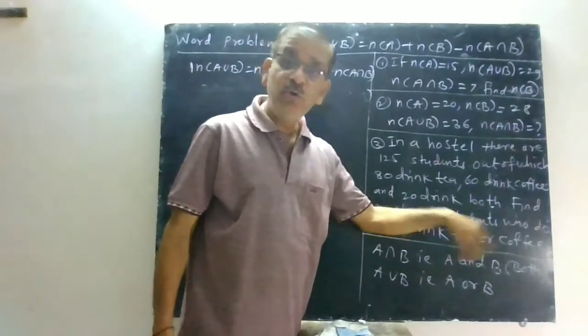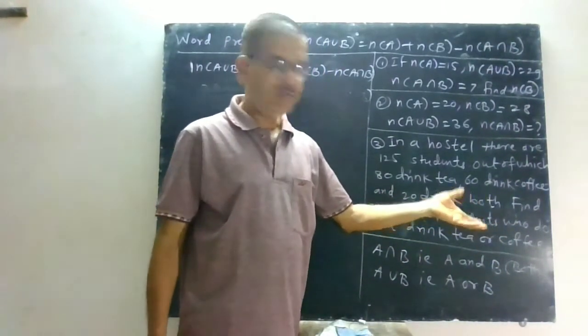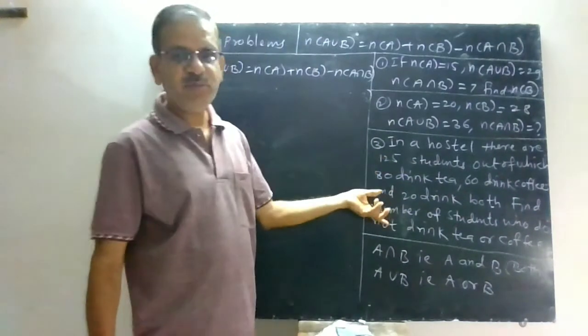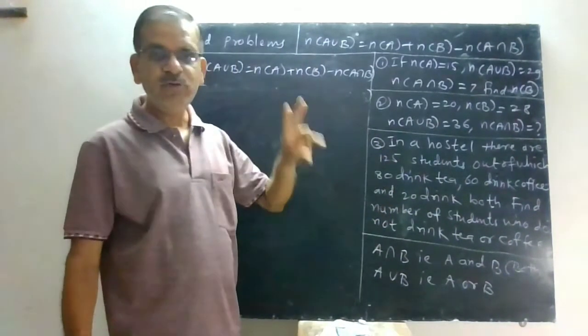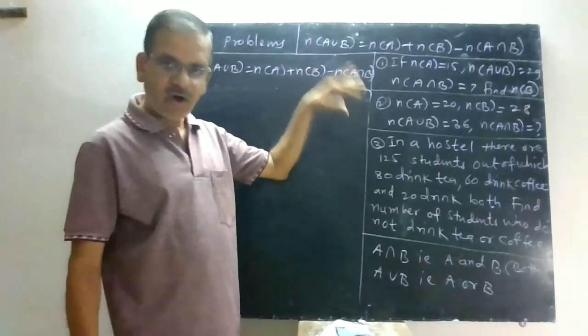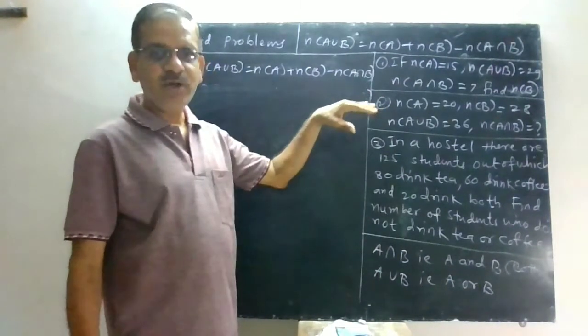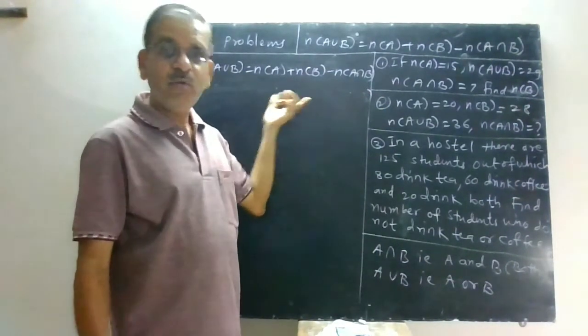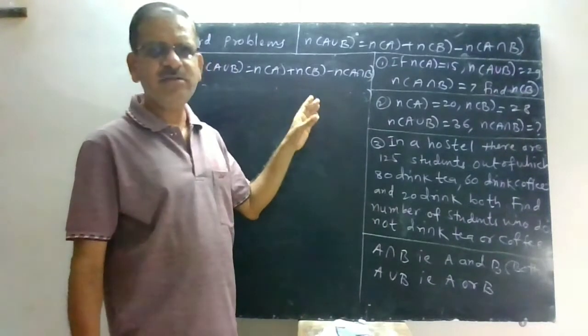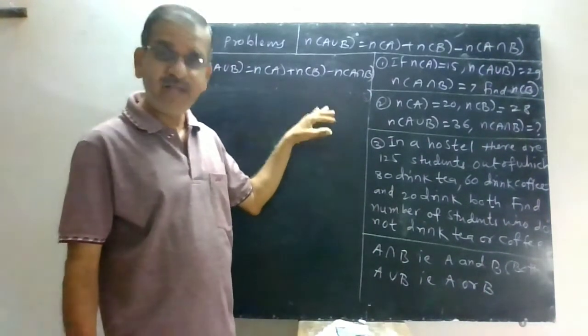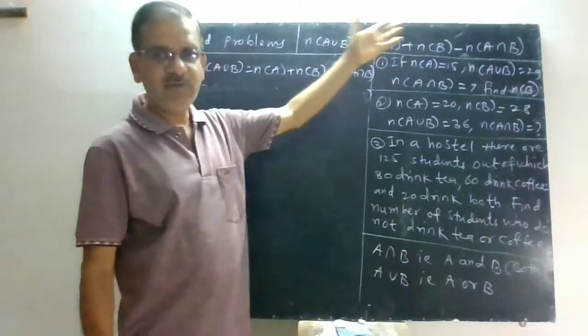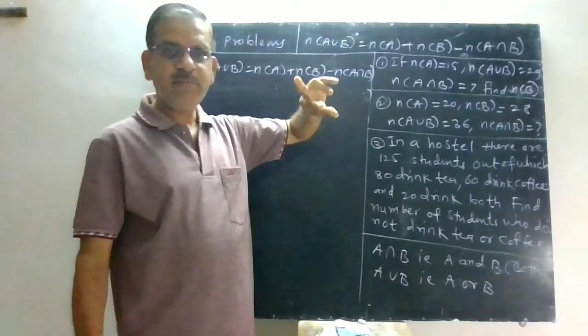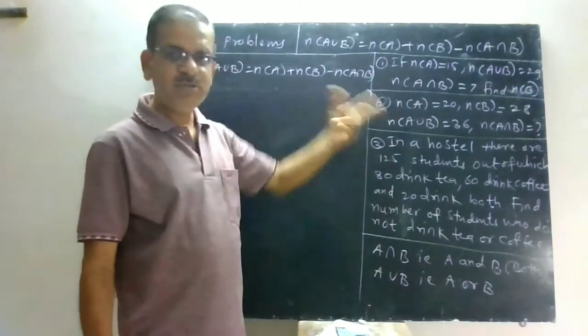First of all, it is possible to solve this problem by two methods: using this formula, or using a Venn diagram. We'll see first how to solve the problem using a Venn diagram, and then we'll see how to use this formula.